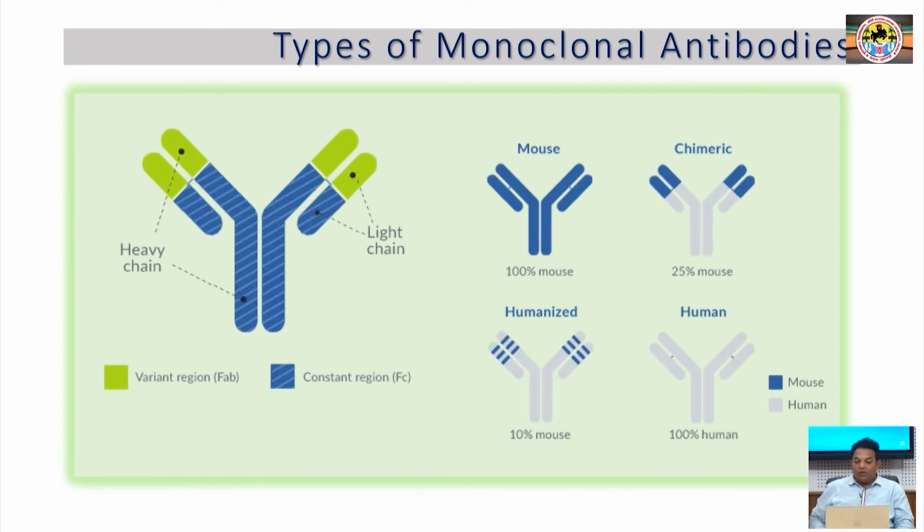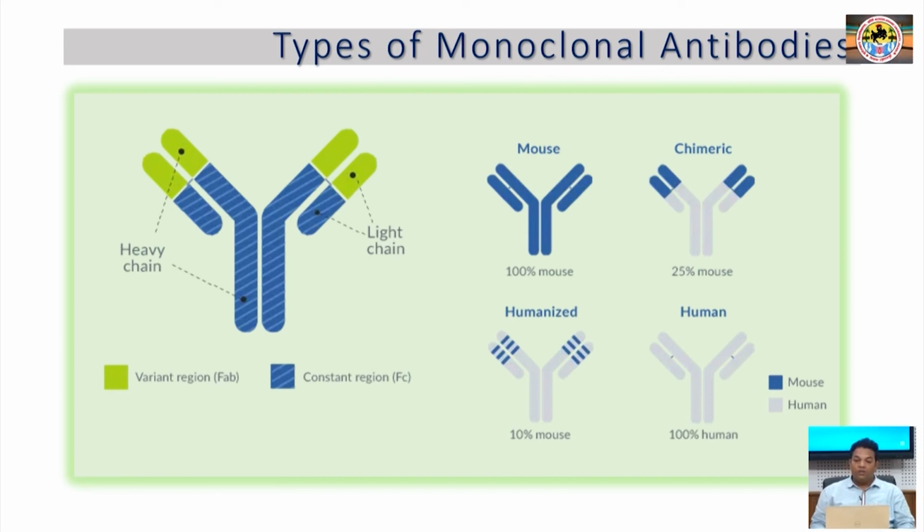This slide is showing the structure which you can go through. Please pay attention that the Y-shaped structure has 2 light chains and 2 heavy chains, and these are the representative of that particular antibody structure. In that, one is heavy chain, one is light chain.